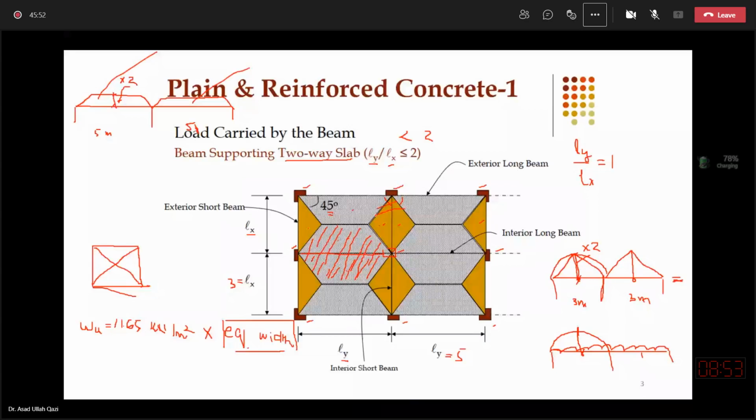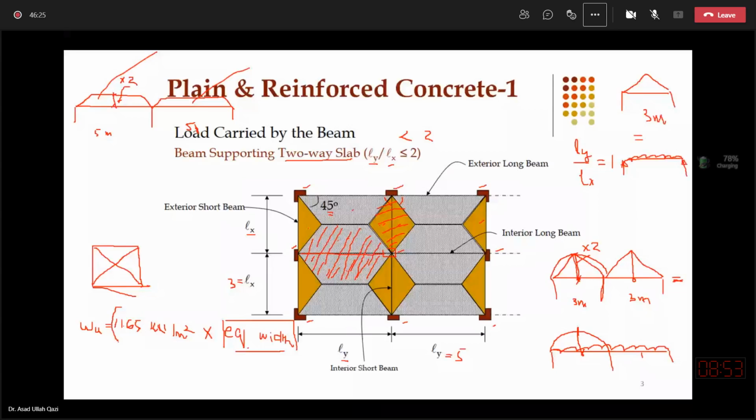If I say that this beam has two triangles and it has the span 3 meter, I am now converting it into a beam which has the UDL, and the answer I will get is the same. What I will do: the pressure on this slab system was, suppose, 11.65 kilonewton per meter square.